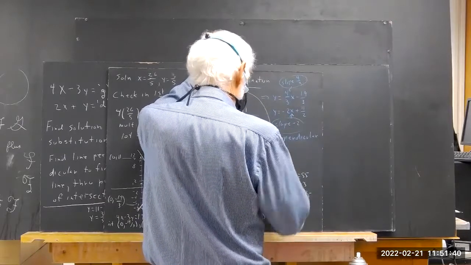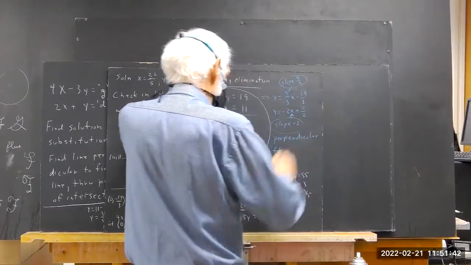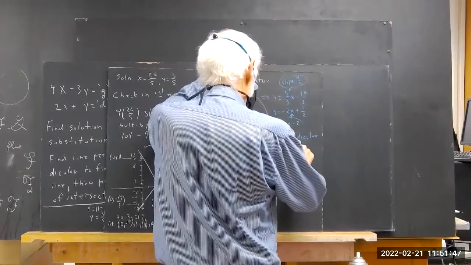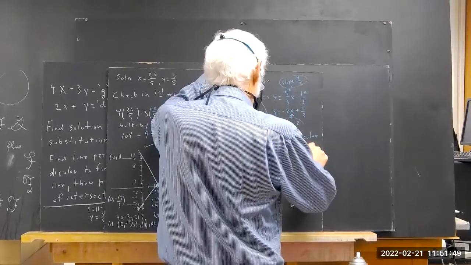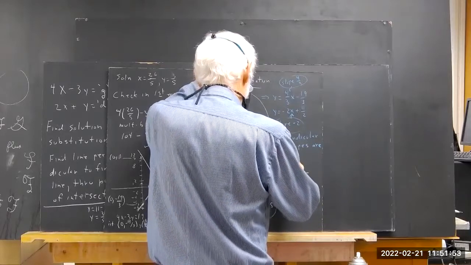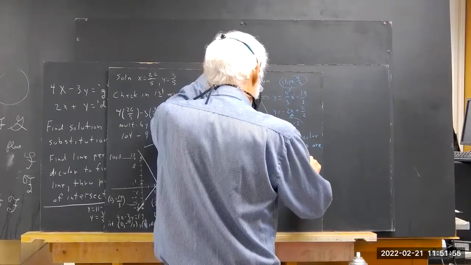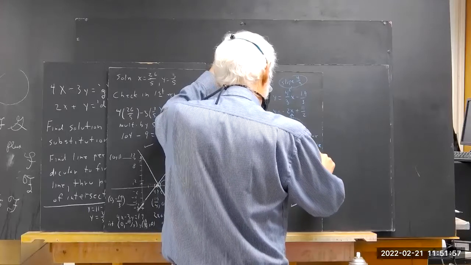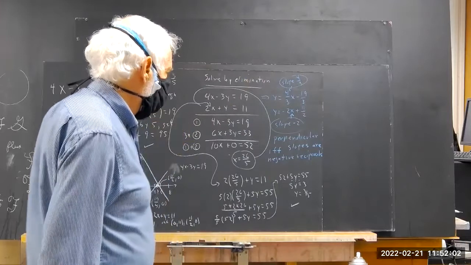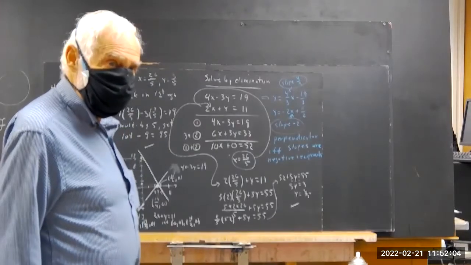They're perpendicular if and only if, so I'll put that extra f on there. If and only if the slopes are negative reciprocals.